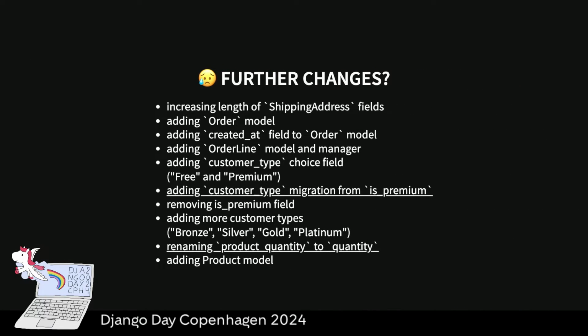Now the customer calls you or emails you and asks for other changes. For example, I need to increase the length of the shipping address because I want to ship to an exotic place with a long address, or add models, add fields, and stuff like that. And then you may need to rename a field.